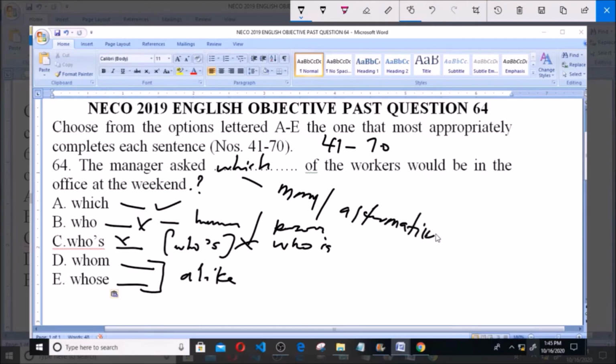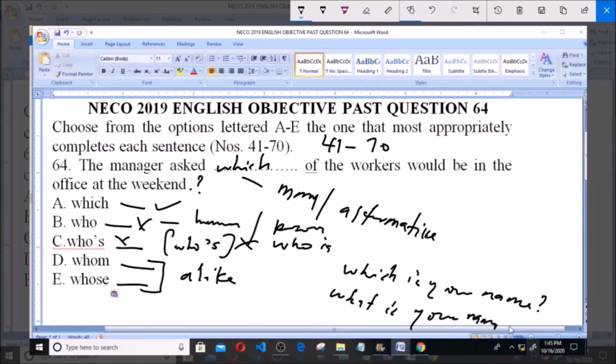For instance, you cannot ask which is your name. Have you wondered why people don't ask which is your name, but ask what is your name? Because what is specific.